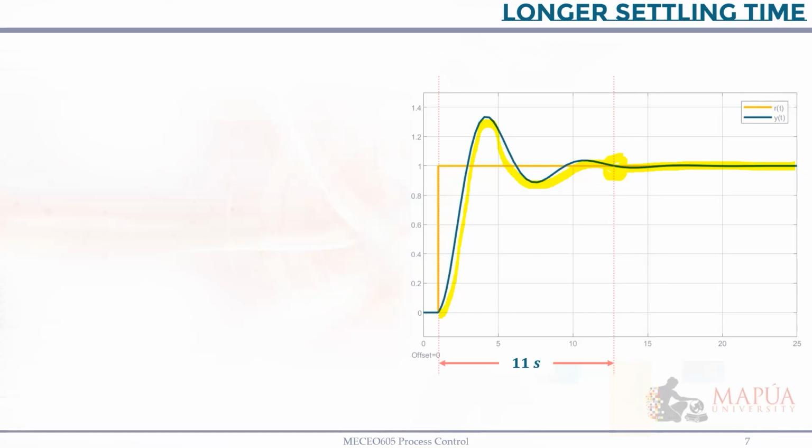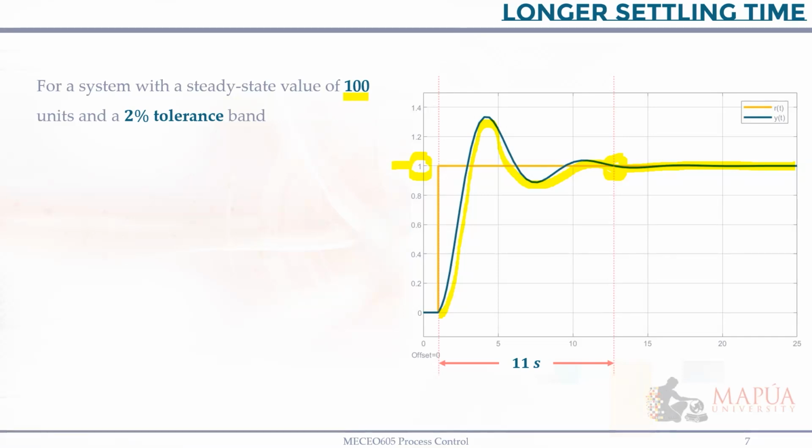For the settling time, suppose we have a system with a steady state value of 100. So we can scale this up times 100. This is my target, let's say 100 units.